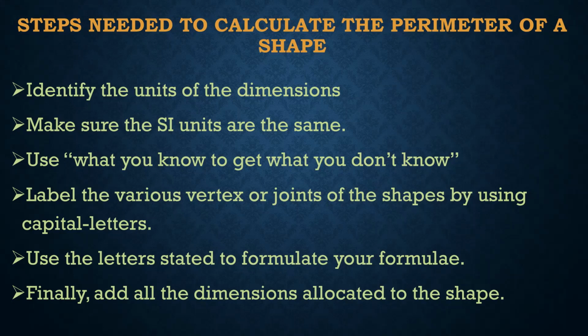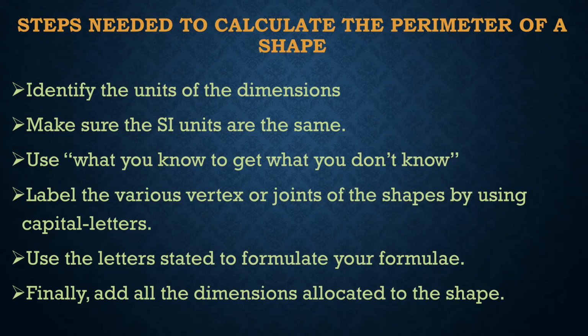After you have stated the formula, and the dimensions that have been allotted, you do the substitution in place of the letters that you chose, replacing the lines or segments that form the shapes, and later you add all. Then you make sure all the dimensions are in the same measuring units.